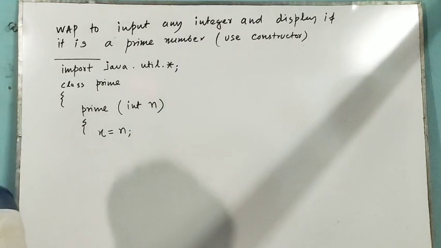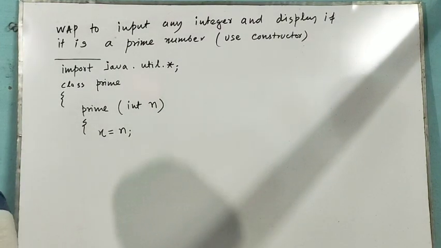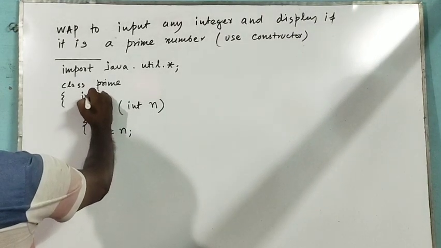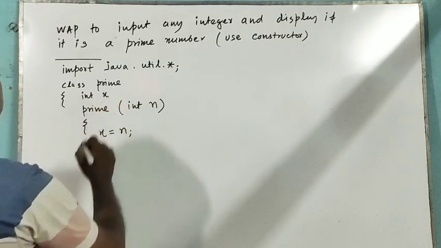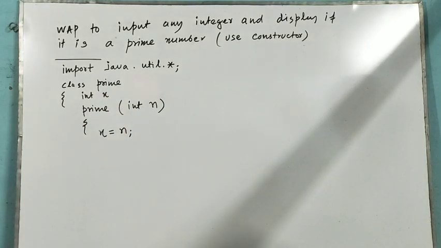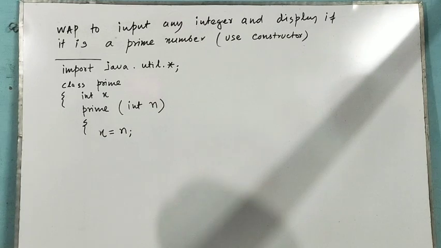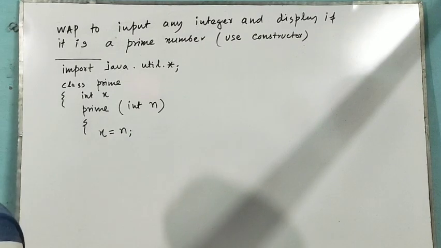I have assigned the value of n to x. So what is x here? x is one global variable, int x. So the value taken in n, that means in the parameter of the constructor, is now assigned to the global variable x.